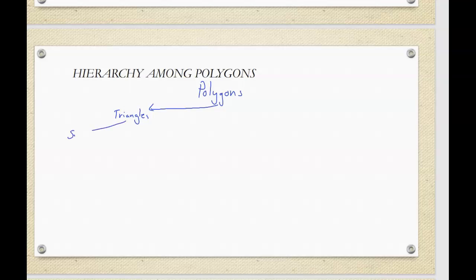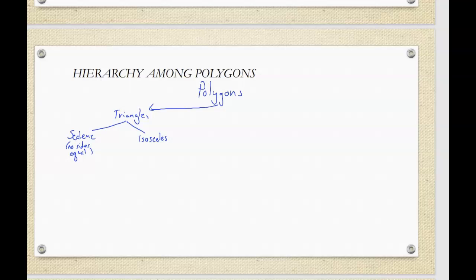There are the scalene triangles, and those are the ones where none of the sides are equal. Okay? Everything is unequal on those. Then we have the isosceles triangle. And that's where at least two sides are equal. So this one, no sides equal, if you want to put that down there.